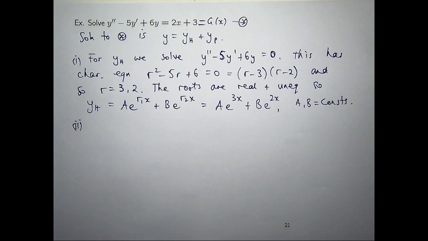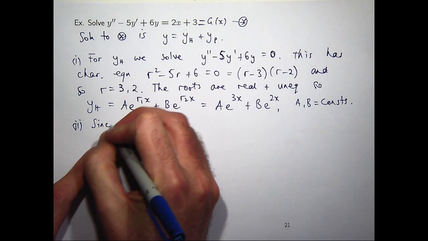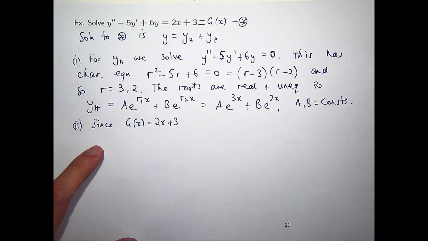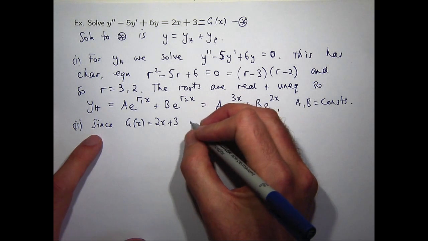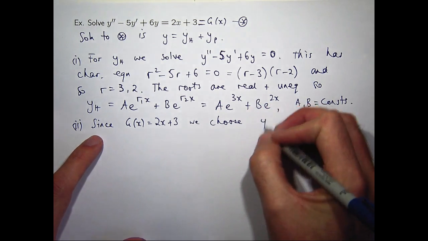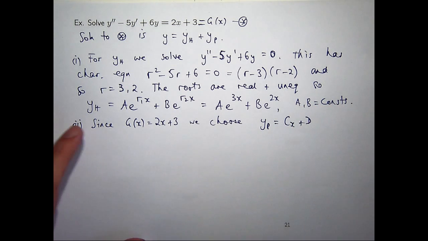Okay, so let me show you. This is like a first degree polynomial, 2x plus 3, just some sort of linear type function. Let's choose y sub p to be of the same form. Okay, let's say cx plus d, where c and d are just constants that we want to determine.